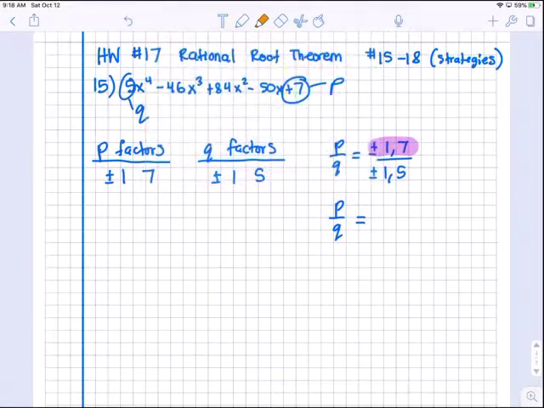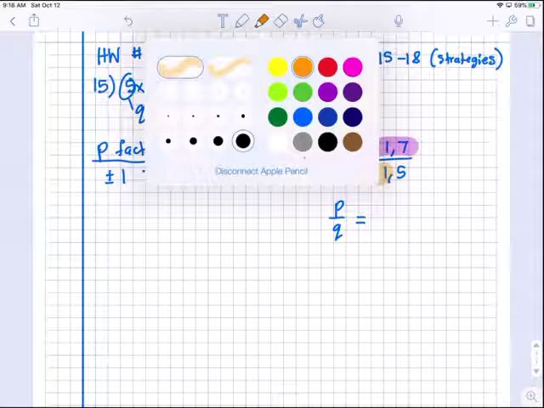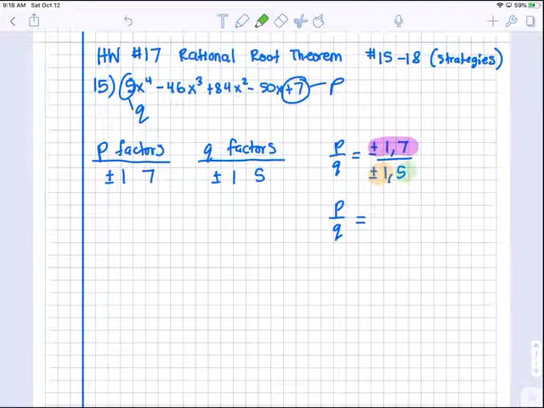So that's one denominator, the orange one, and this is another denominator, the green one, okay? So we're going to do purple over the orange one first. 1 over 1 will be plus or minus 1. 7 over 1 is going to be 7, plus or minus 7.